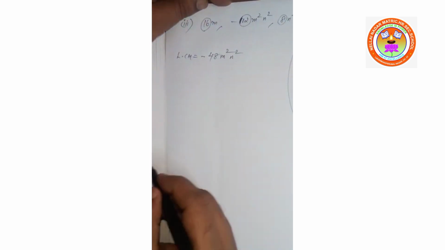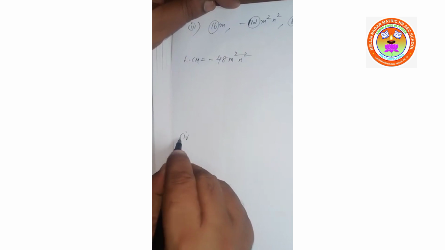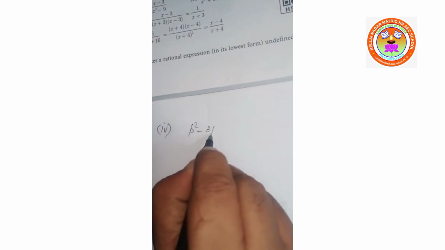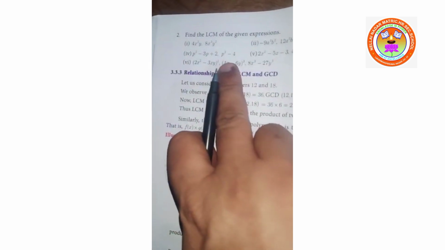Okay. Now subdivision number 4. P squared minus 3p plus 2 and p squared minus 4. It's a very important problem.